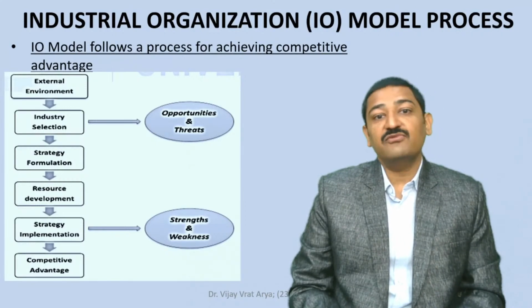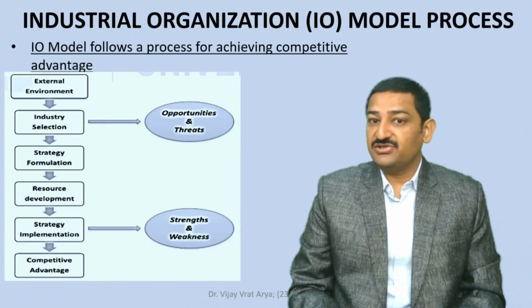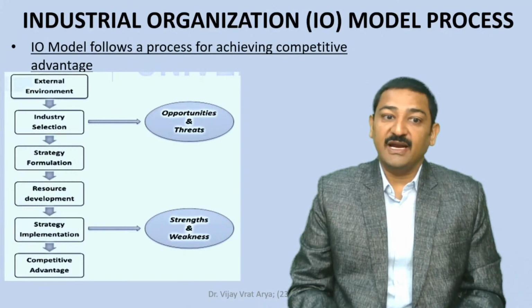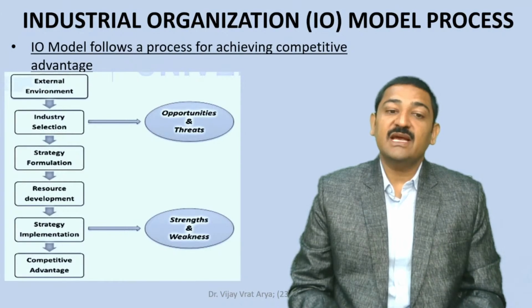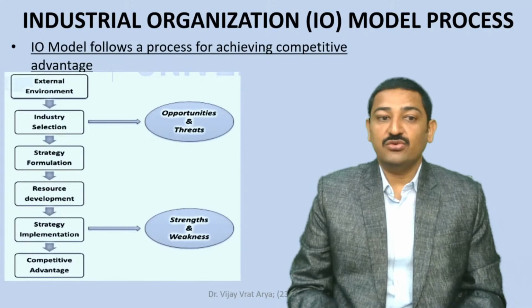Here, it starts with the external environment, based on which the industry selection is made, where one can have an idea of the opportunities and threats available in the respective industrial zone.